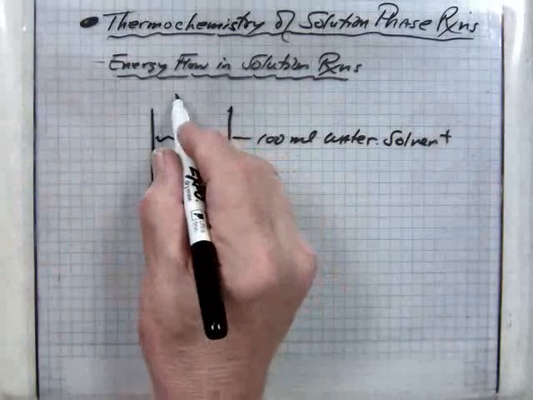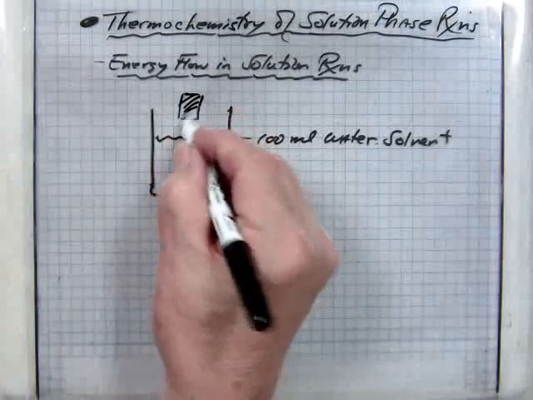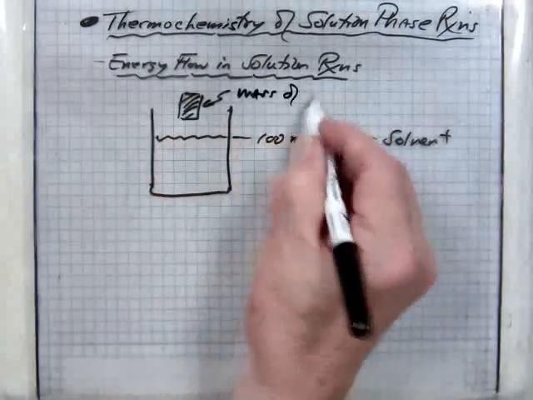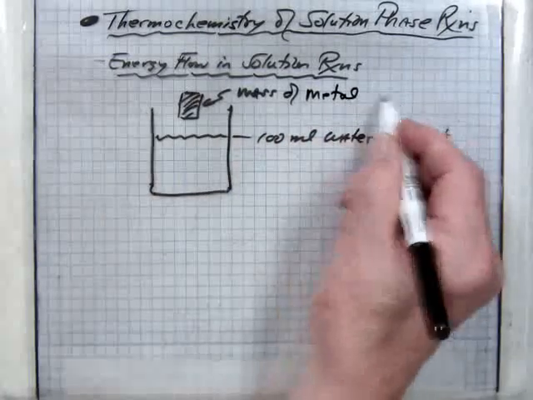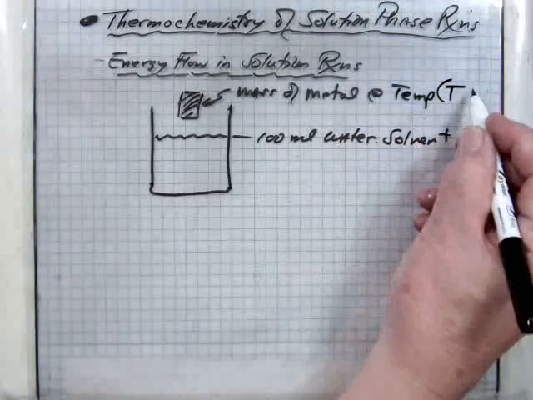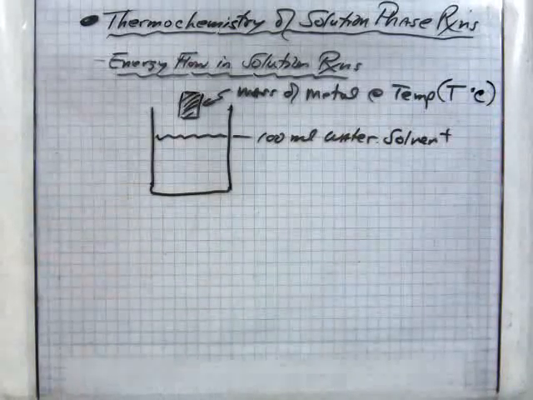And so you have a block of metal at temperature T, and this will be in degrees Celsius when you work these problems out.